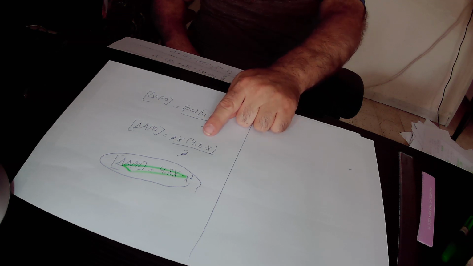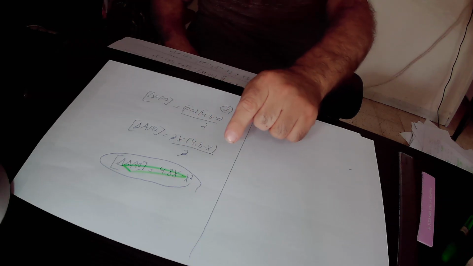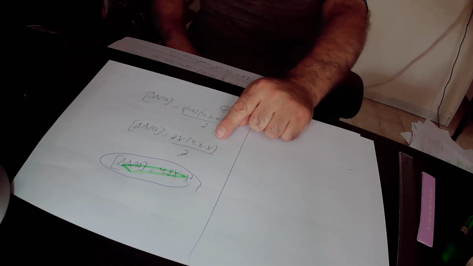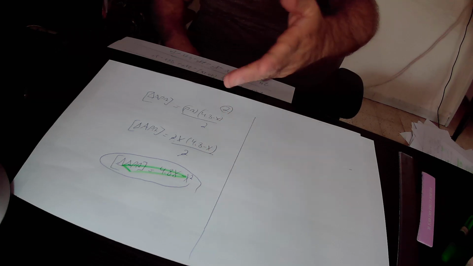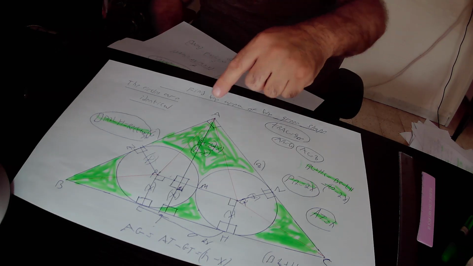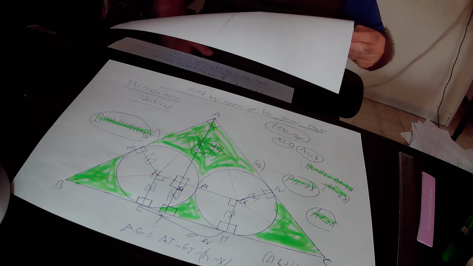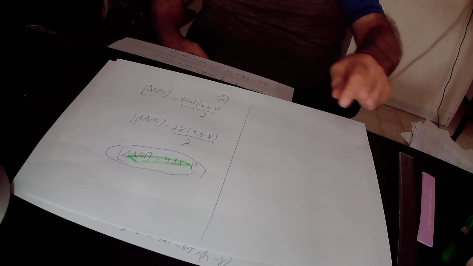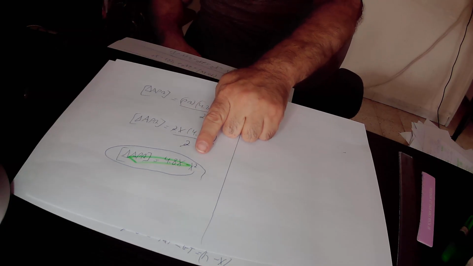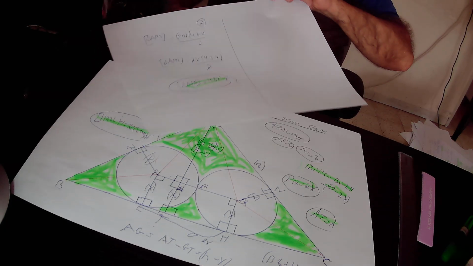We open the brackets here. x times 4.8 is 4.8x. x times minus x is minus x squared. So in total, we find out that the area of this triangle APQ is equal to 4.8x minus x squared units in its size.